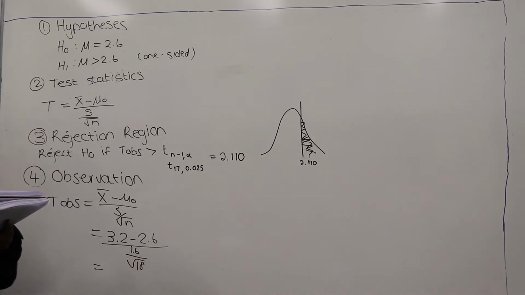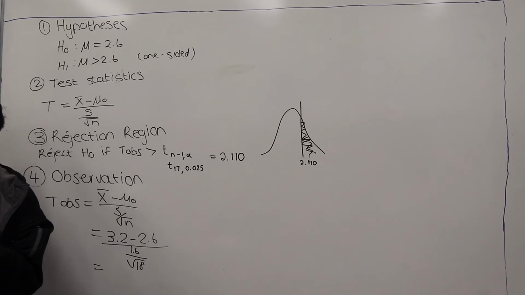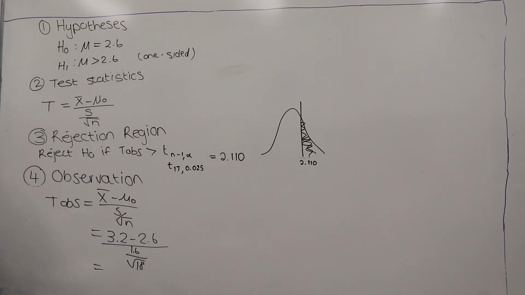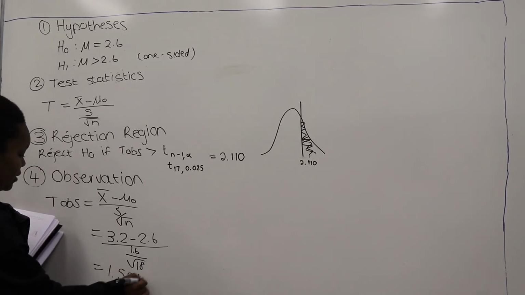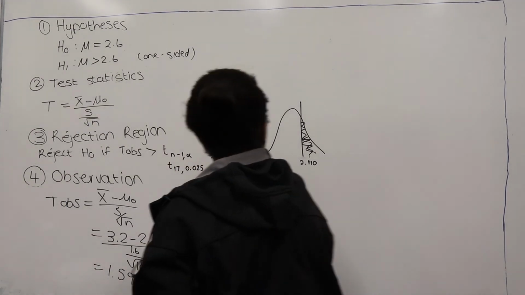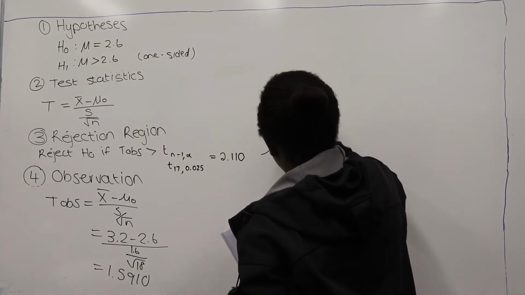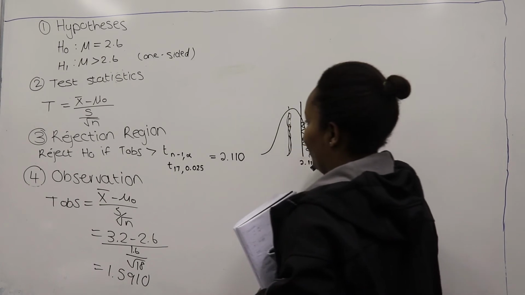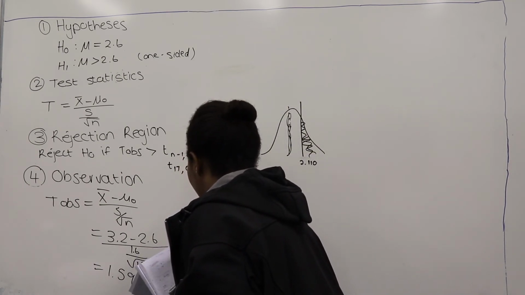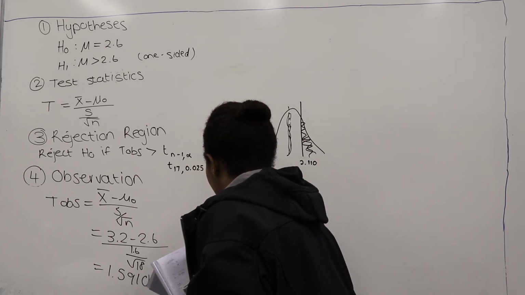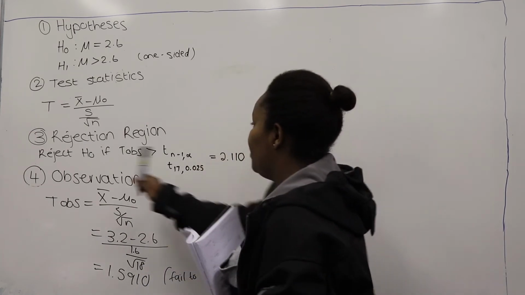Could someone please check if you get 1.5910? Yeah, 3.2 minus 2.6 divided by 1.6 divided by root 18, you get 1.5910. So this value is somewhere over here. It's not greater than our bouncer, therefore we fail to reject H naught, as we had mentioned here.